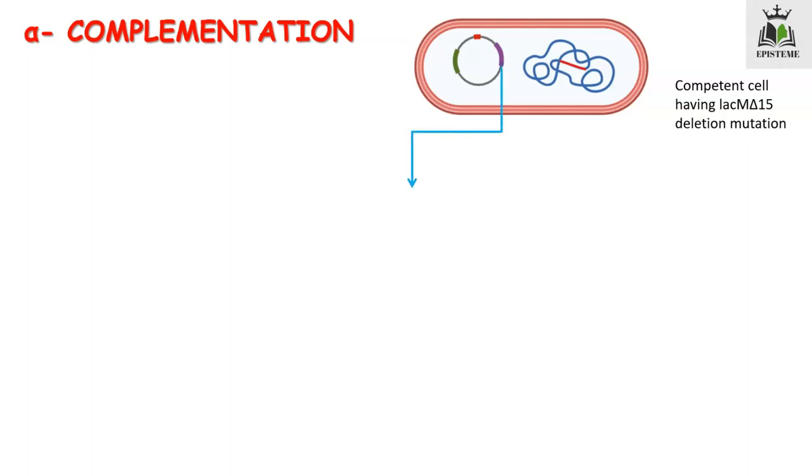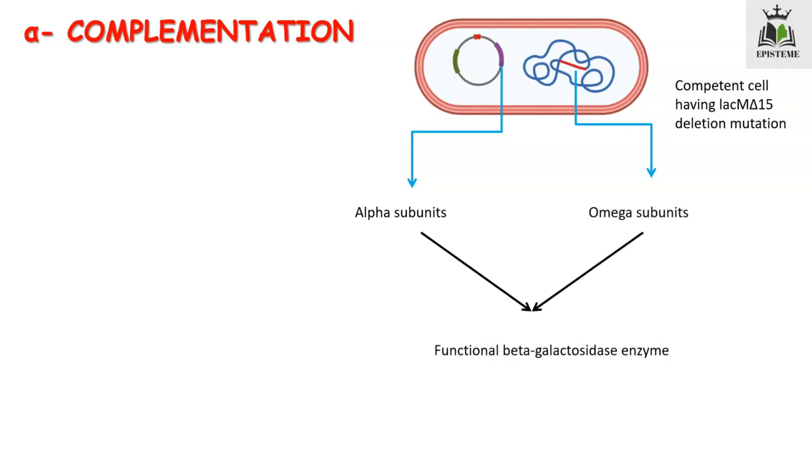So this plasmid containing the modified lac Z region will code for the alpha subunits of the beta galactosidase enzyme, and the modified part of the bacterial DNA will code for the omega subunits. Now these two subunits will merge together to form the functional beta galactosidase enzyme.